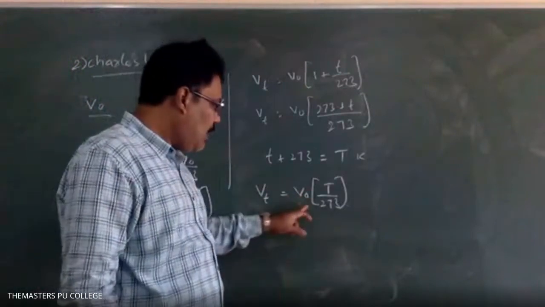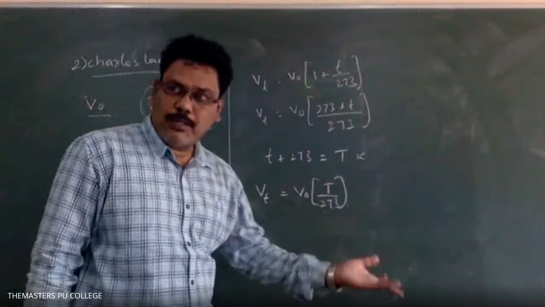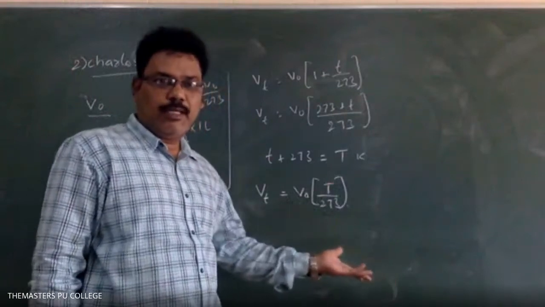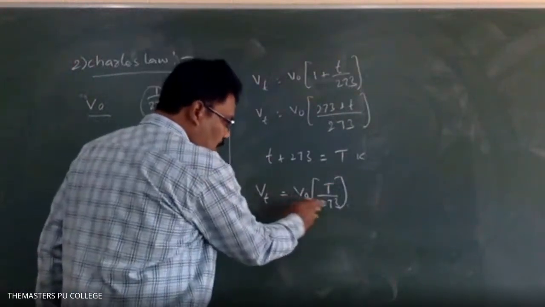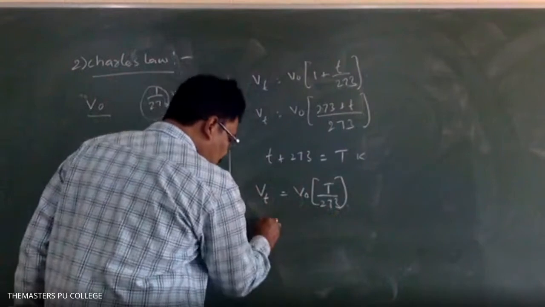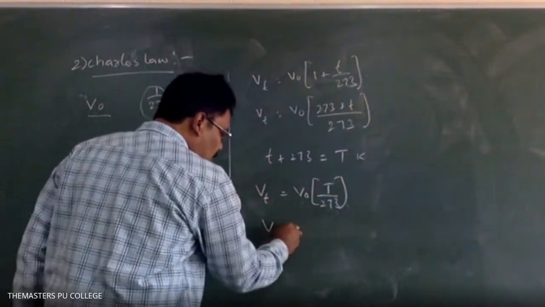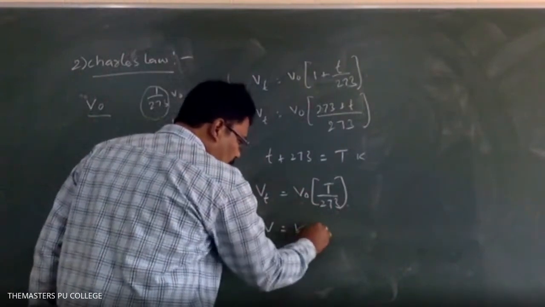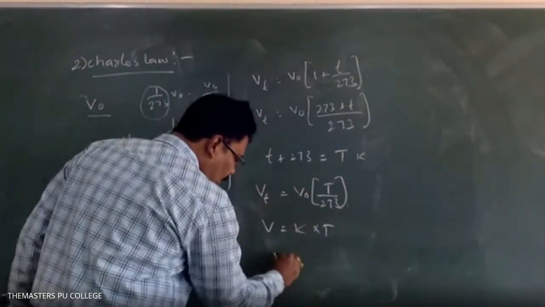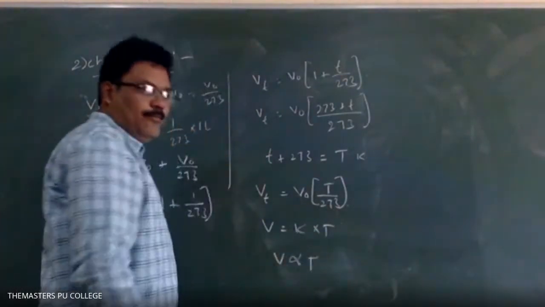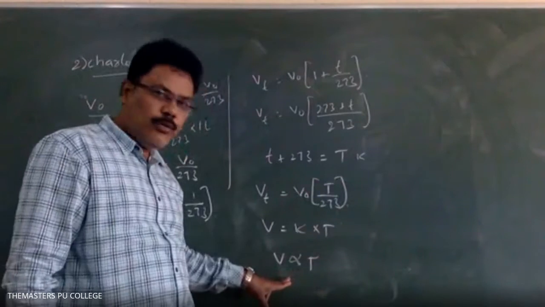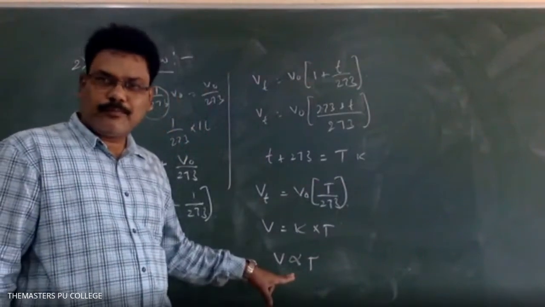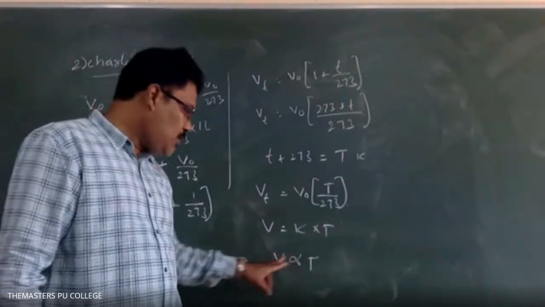Similarly, this 273 is also fixed. It is a constant value. So V naught is constant, 273 is constant. Then we can write Vt is equal to K into T. So V is proportional to T. Got it now? Okay.